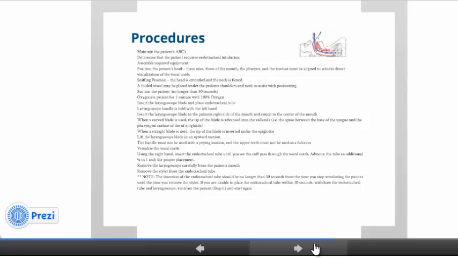Hopefully you can visualize the cords. If you cannot, there are different devices we can use, and we'll learn about them in the hands-on session, such as gum elastic bougies and things like that. But visualize the airway, insert the tube, take out the stylet, inflate the cuff, and then try to ventilate your patient.